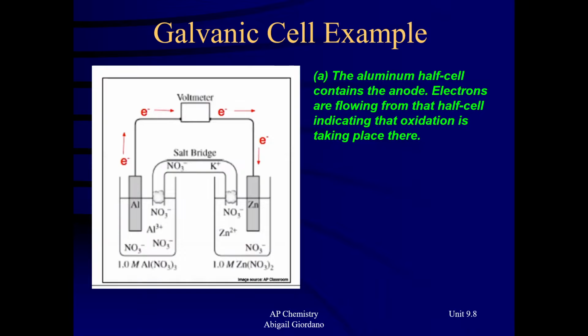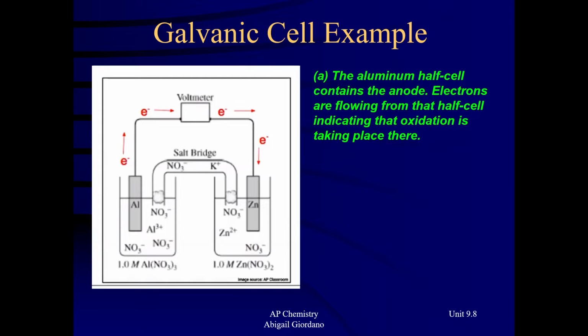Technically, guys, the word anode means the metal electrode itself. That's why it says the aluminum half cell contains the anode. I don't think you would lose points if you said the aluminum half cell is the anode. I think that would be fine. Electrons are flowing from that half cell, indicating that oxidation is taking place there. Remember, the anode is where oxidation takes place.